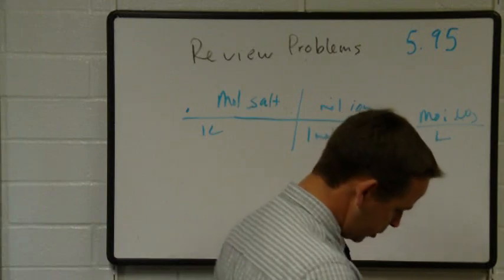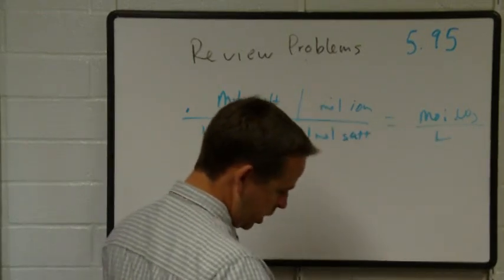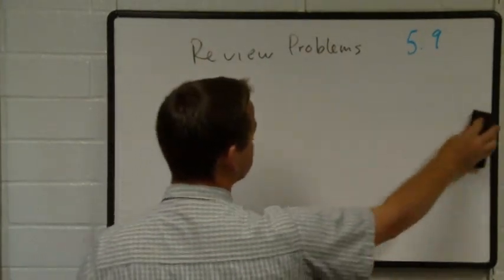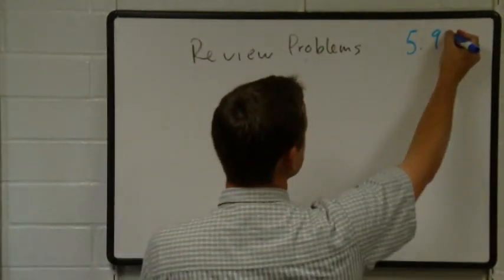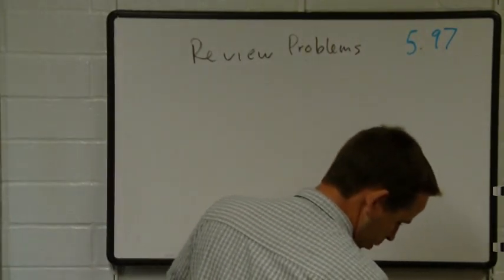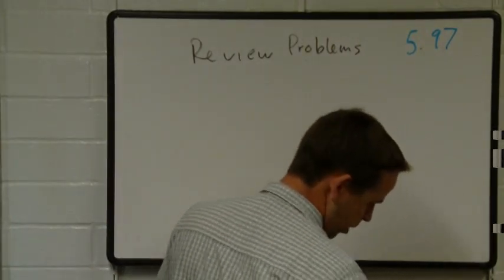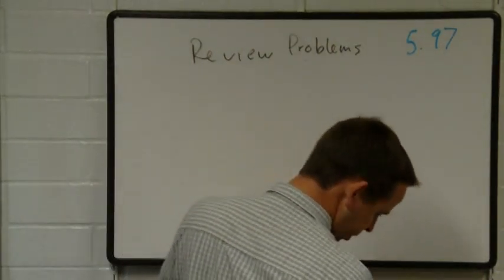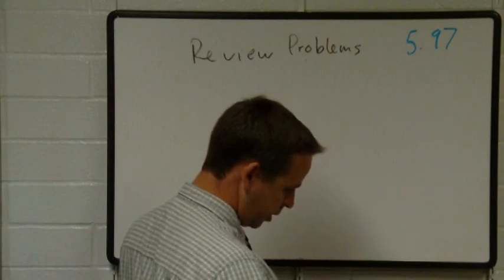Okay? 597. In a solution of aluminum sulfate, the aluminum 3+ concentration is 0.125 molar. How many grams of aluminum sulfate are in 50 milliliters of this solution? All right, in a solution of aluminum sulfate, the aluminum concentration is 0.125 molar.